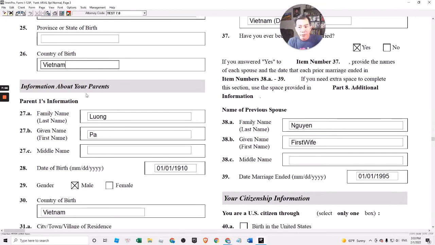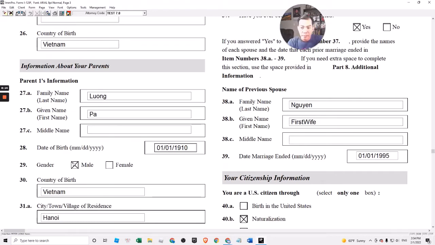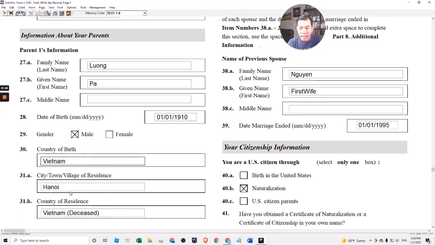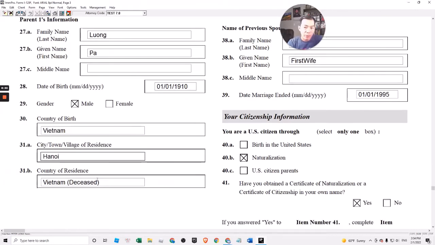Next is information about my parents, my father and my mother. I put here my father's last name Lương, my father's first name is Paul, and of course it's not his real name, but like Lương Paul, and he was born January 1st, 1910, and he is male. He was born in Vietnam, and he lived in Hanoi, country of residence.